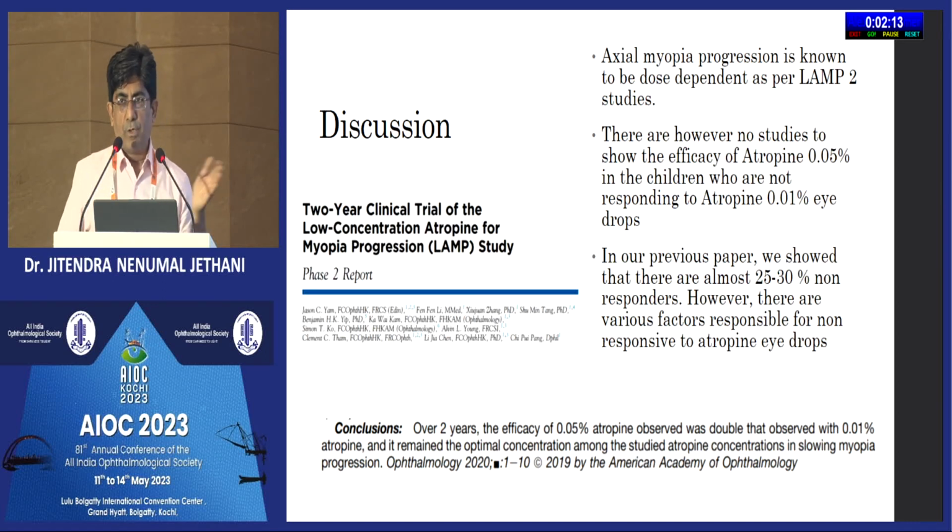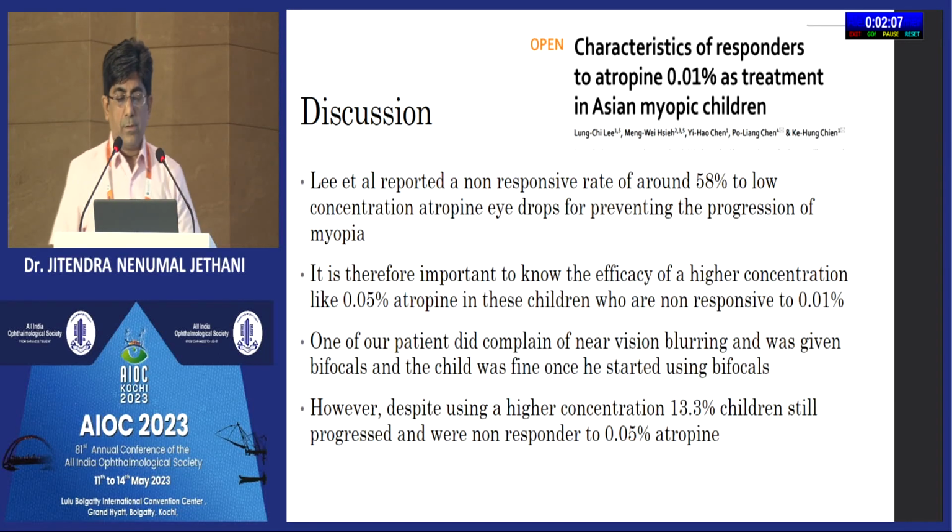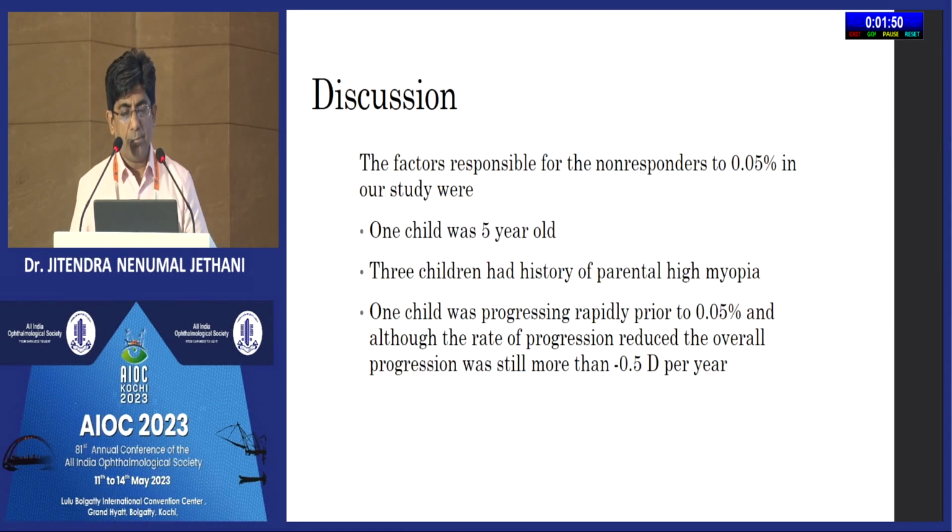They compared 0.01% and 0.05% and found that 0.05% was more efficacious. However, they did not use it in 0.01% non-responders. So that is where our study is of importance: in children who are not responding to 0.01%, or the rate of progression is not very good, 0.05% can be used.